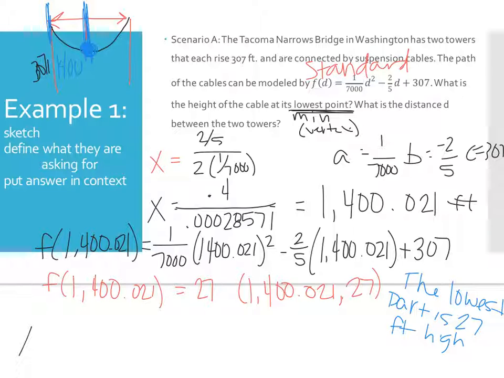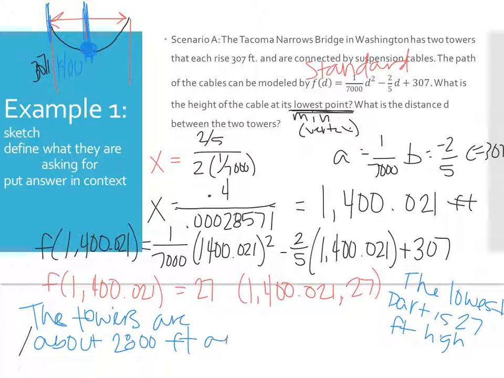So I can say the towers are about 2,800 feet apart, because that's going to be my full distance all the way across.